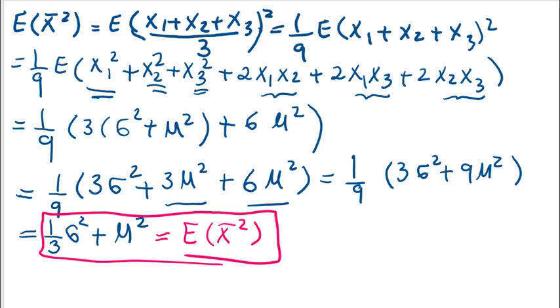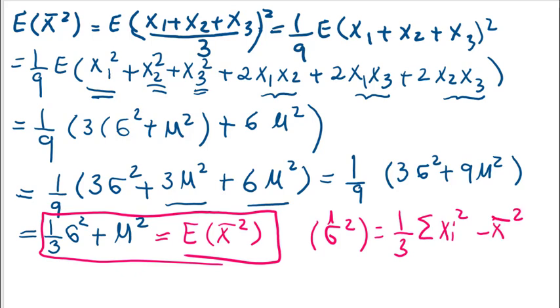Now, the next thing is, we said that sigma hat squared was equal to 1 over 3 sum of xi squared minus x bar squared.